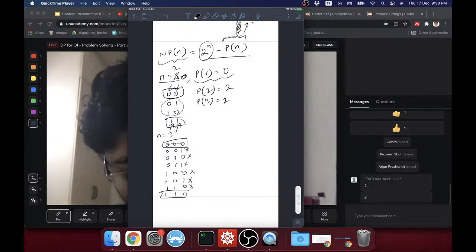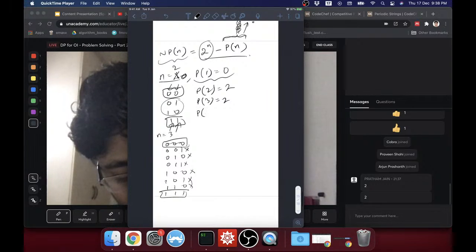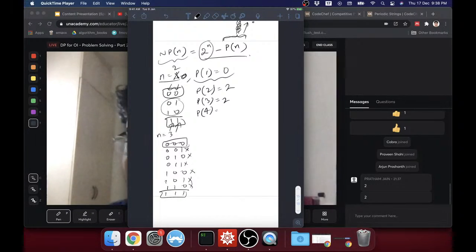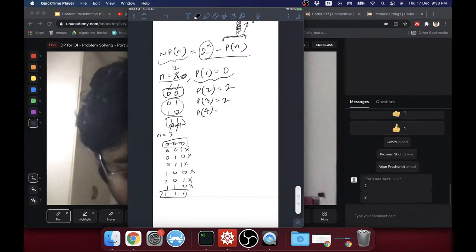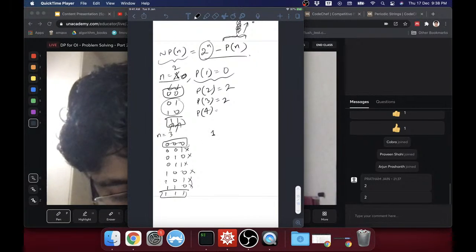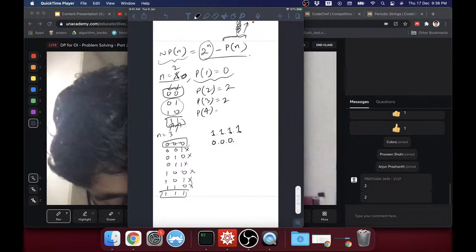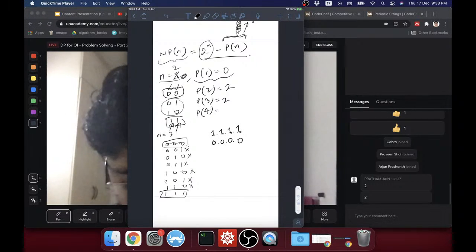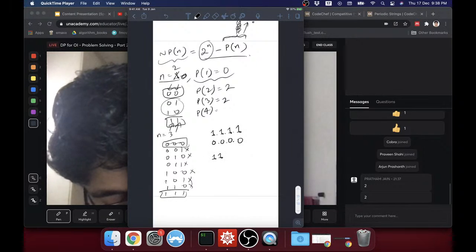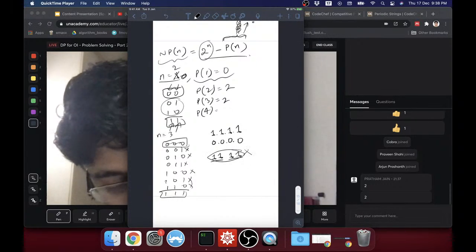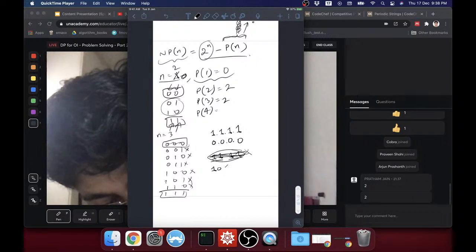What about 4? I won't draw the cases for 4. Let's just think of what will happen. If it's a 1 length string that's being repeated 4 times, then it's going to look like this. If it's a 2 length string, then it might look like this, but this is already covered. So consider this one.